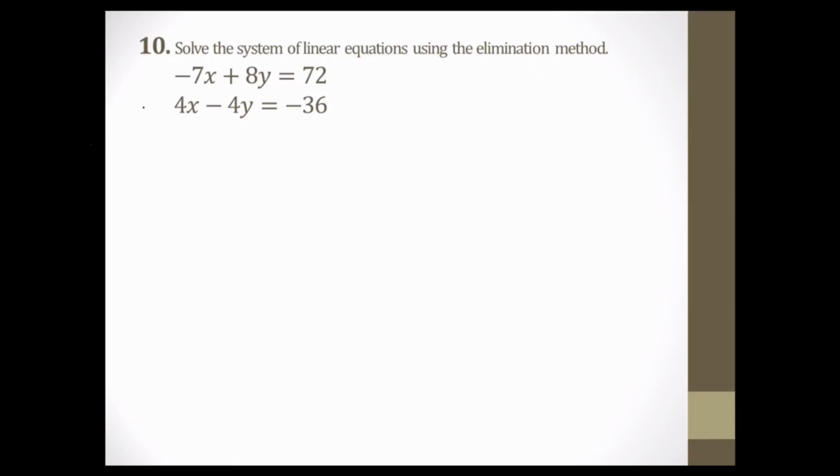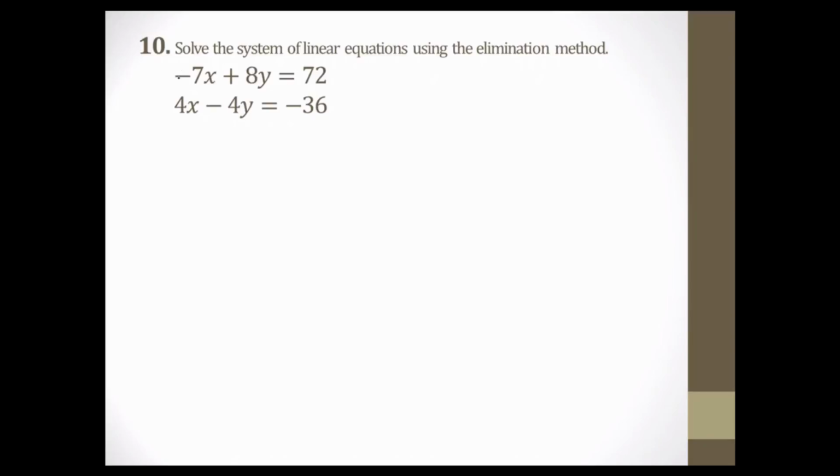Right now we already have opposite signs in our x: a negative and a positive. In our y's we have a positive and a negative, but they're different numbers. We want them to become opposites, like -7 and positive 7 or -28 and positive 28. Then if we add them up, they'll cancel out. We'll eliminate something. So why don't we eliminate the x terms?